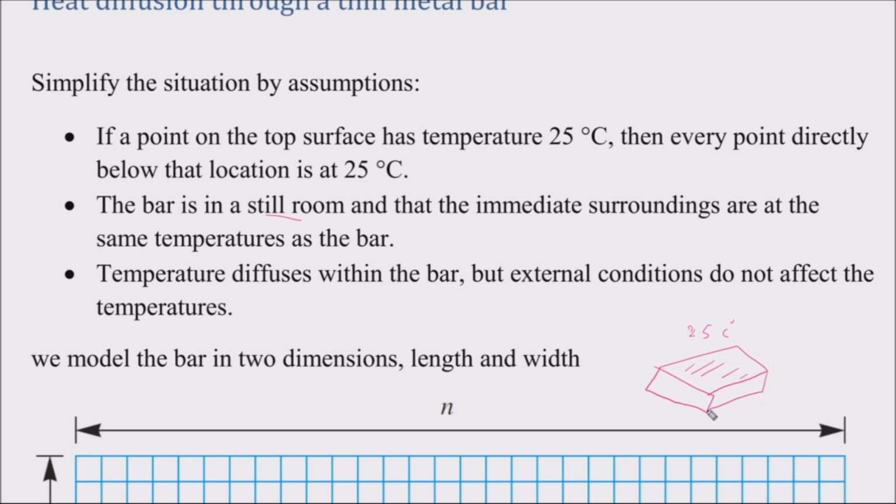So within a bar we can have some different temperatures, right? But external conditions do not affect the temperature. Usually it is, right? So if you heat up one piece of here, right, what happens to the air around it? Well, it's getting heated up too, right? So in that case, there's the influence of the air around it on these pieces, right? Every area of this.